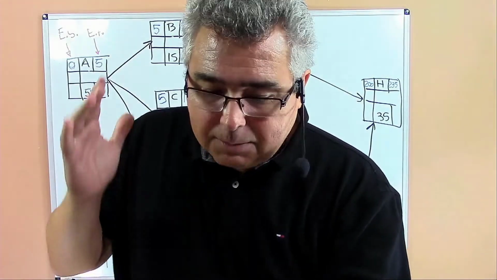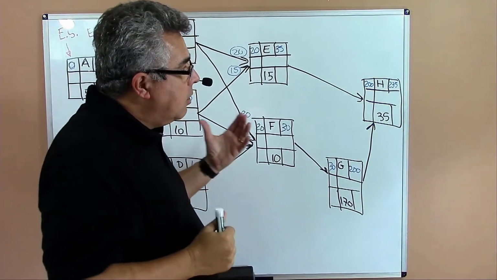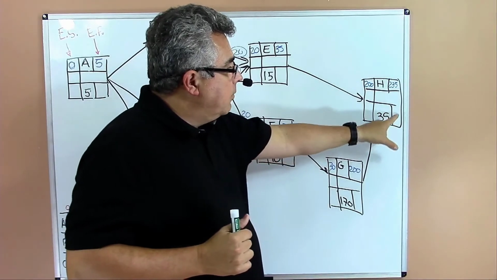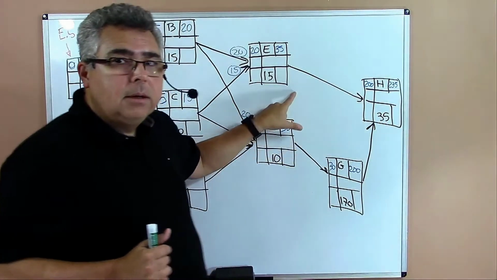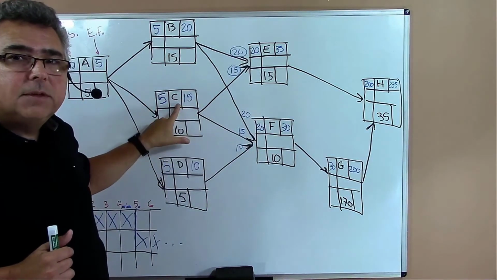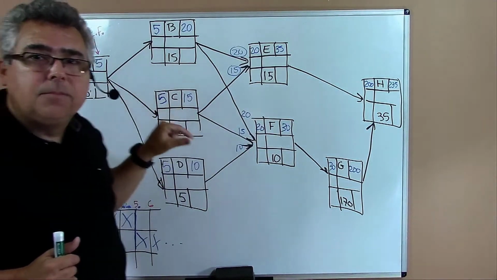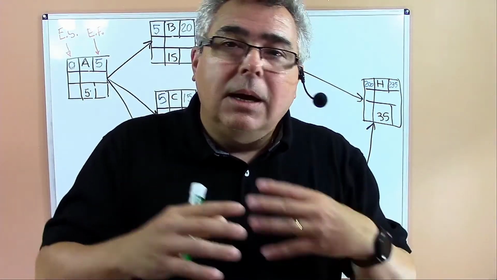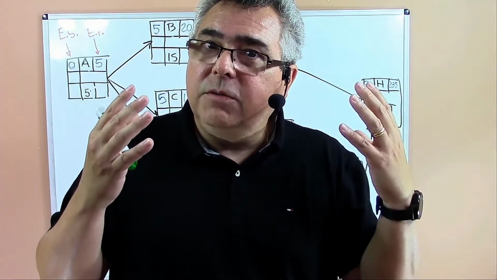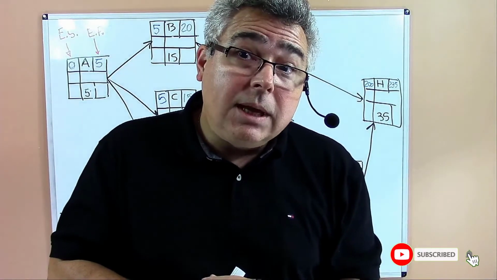So what is the backward computation? In the backward computation, we start from the end date of the project and start subtracting the durations of each activity until the beginning of the project. That type of computation will give us another type of information that's very useful when we are doing project scheduling.